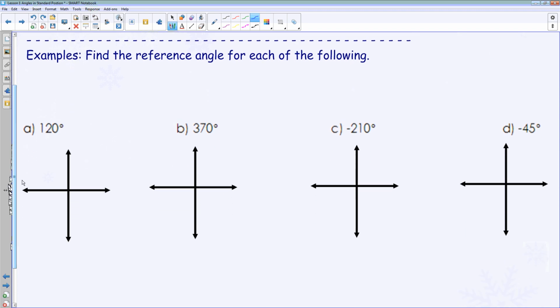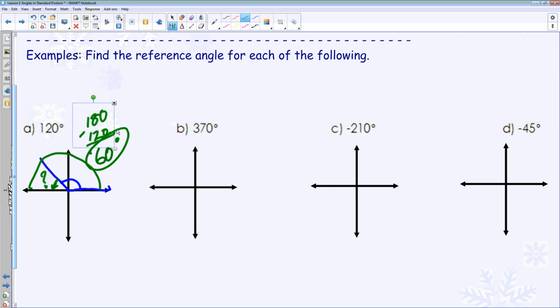So 120 degrees, so 90 and then 30 more, gets us here. So there's my angle. My reference angle is this acute angle to my nearest x-axis. So it's asking me what that is. Well, this whole distance is 180. So we're just going to take 120 away from 180 to get 60 degrees.